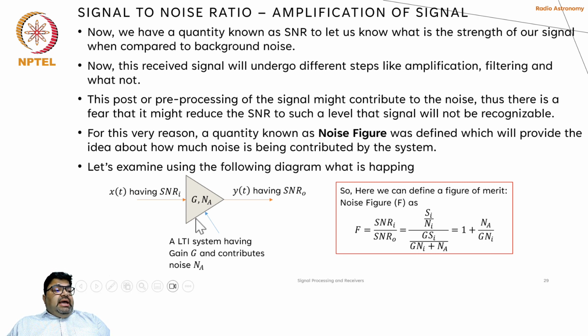An amplifier, of course, is a device that amplifies a signal. Amplification is required. Suppose our antenna is very far away in the field, and we are bringing the signal back to the location where the computers are placed through coax cable or any other cables, or even OFC, optical fiber cable. There will be some attenuation because of the length.